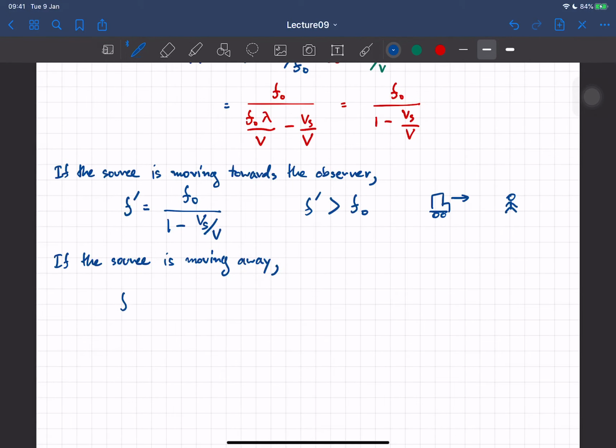So in that case, f prime is equal to f0 divided by 1 plus Vs divided by V. In this case, f prime will be less than f0. The ambulance is moving away from the observer, so the observer is going to hear the frequency a little bit lower. You can see that the only difference is that you flip the sign, but the formula looks the same.